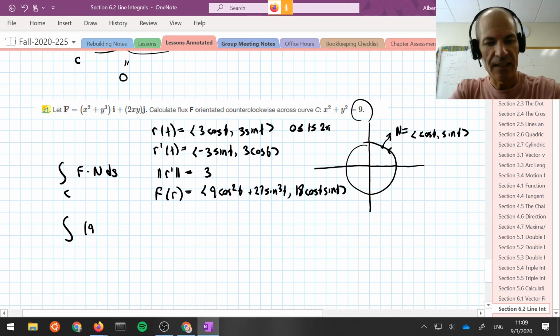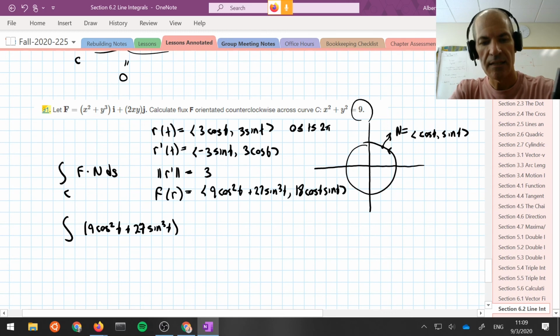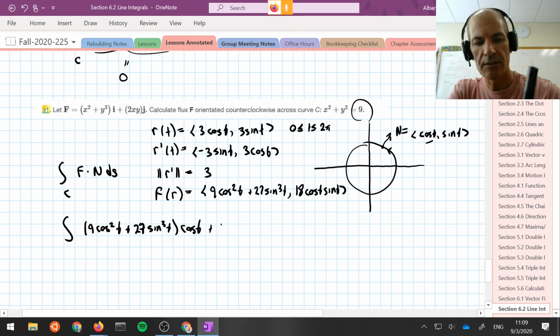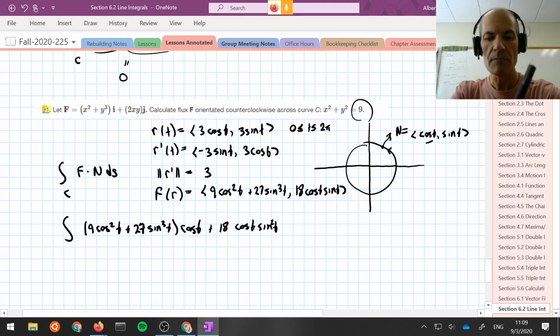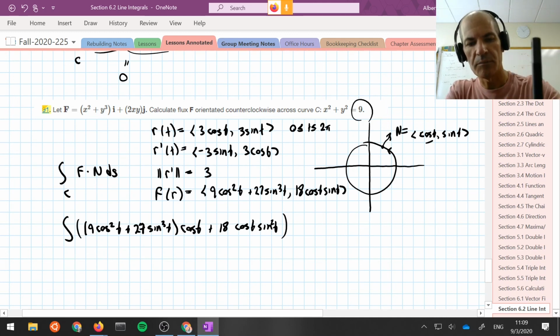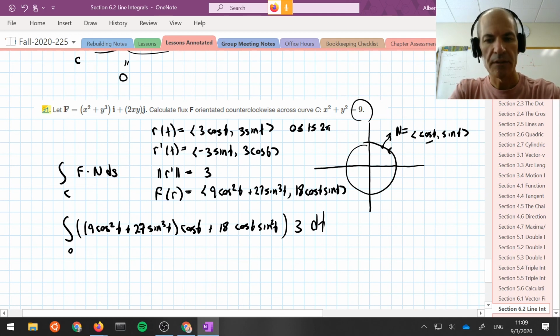We get the quantity 9 cos² t plus 27 sin³ t times cos t, that's this component of n, plus 18 cos t sin t times sin t, so we'll just get a sin² there. All of that times the magnitude of r', which is 3, dt, and the limits of integration are 0 to 2π.